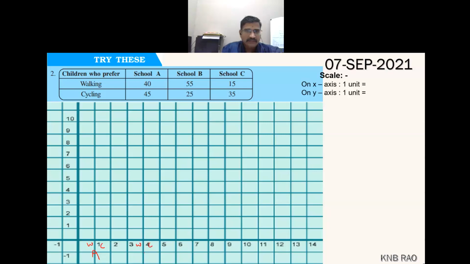Walking, cycling, name of the school B, gap, walking, cycling, and name of the school C. So this way we will have a graph. Correct now? Yes, sir. This becomes 5, 10, 15, 20, 25, 30, 35, 40, 45, 50, and 55.